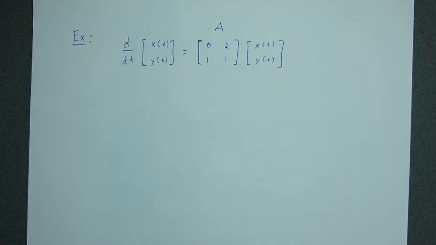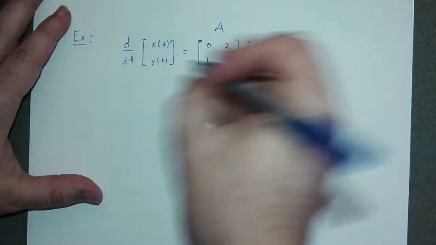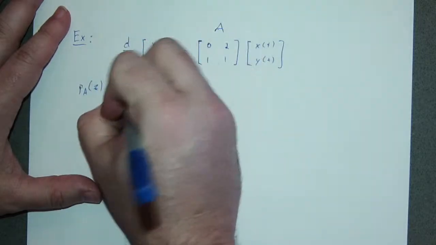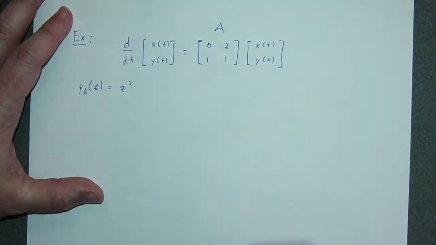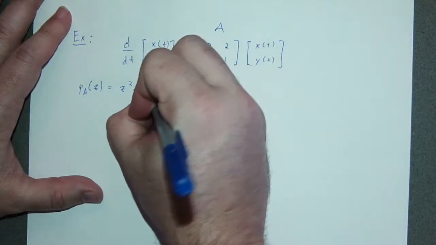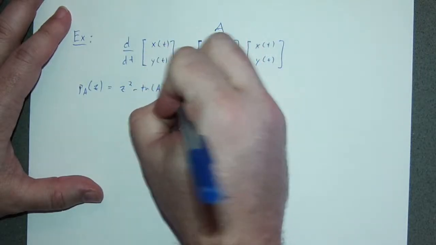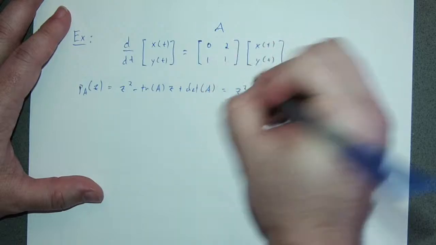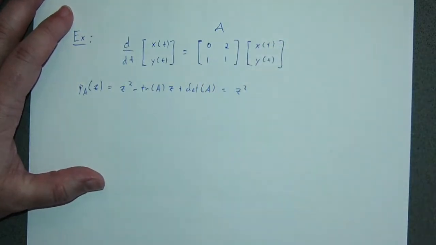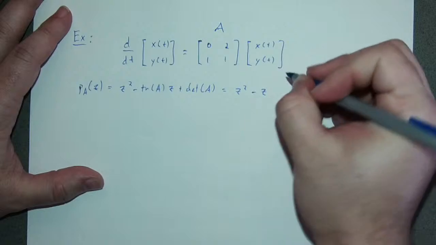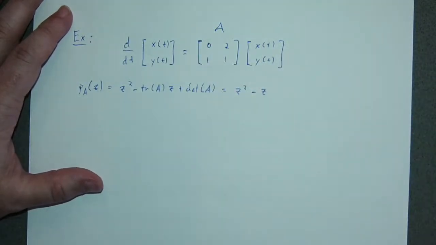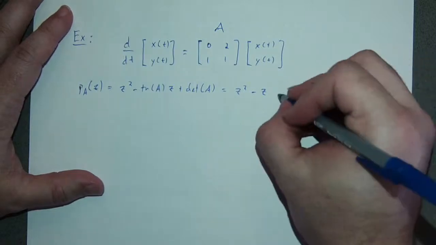I'm going to use Cayley-Hamilton after I find eigenvalues here, so let's just do this quickly. Note the characteristic polynomial of A is z squared minus the trace of A times z plus the determinant of A. So this is z squared minus z, since the trace of A is 1, plus the determinant of A, which is 0 minus 2, so this is minus 2.